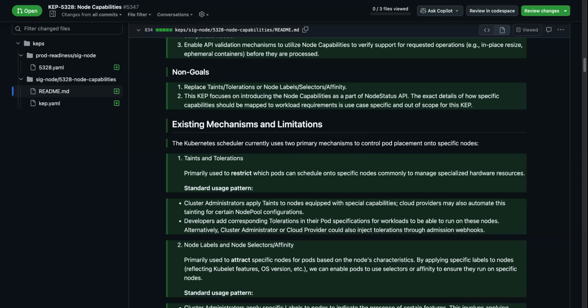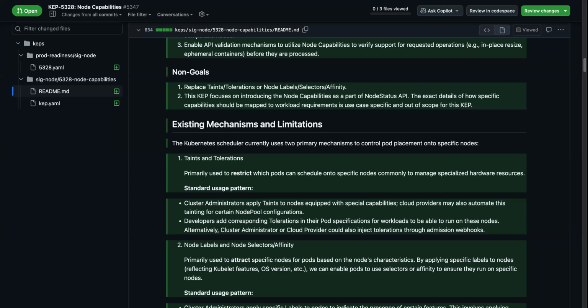But this is a problem with new features which are going alpha or beta, where because of the version skew, the control plane could be running at a higher version, while some of the nodes may or may not have the kubelet with the feature that the workload is looking for.